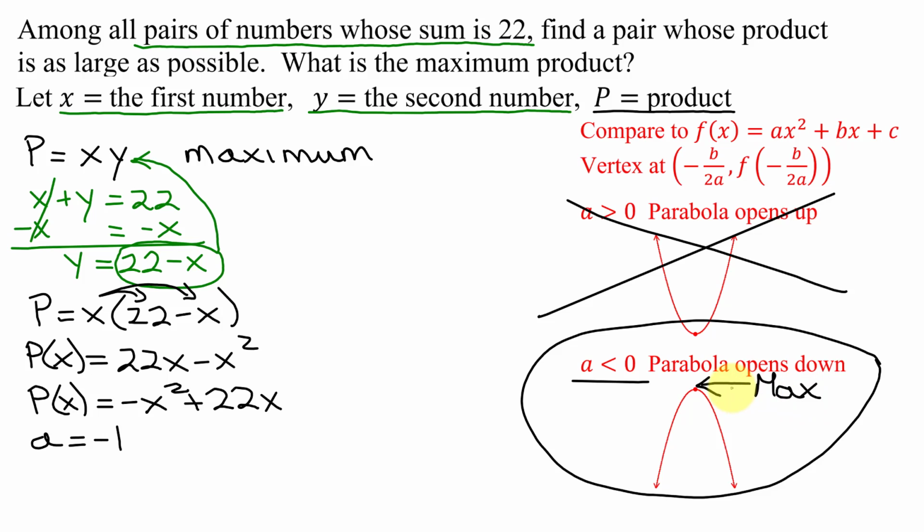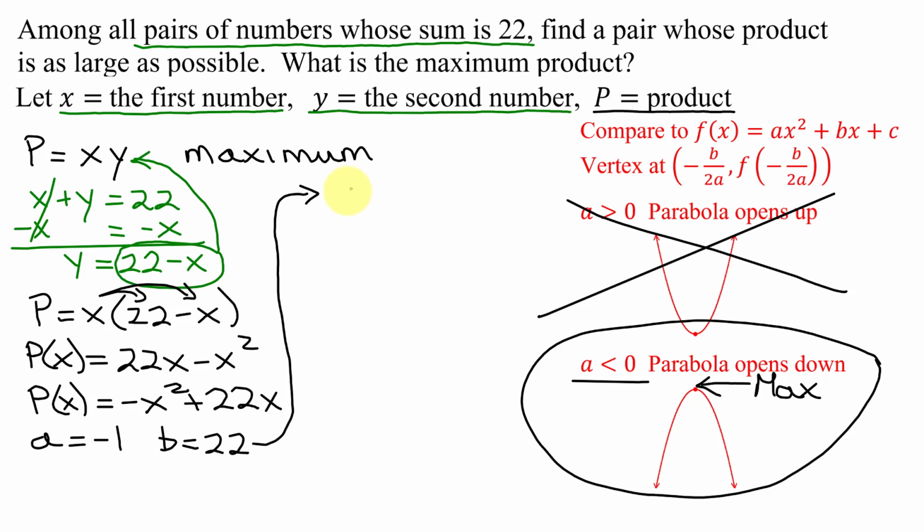So this problem basically boils down to finding the coordinates of the vertex, and I'm going to use this formula here. I already know a equals negative 1. b is the coefficient of the x term, so it is 22. I'm running out of room, so I'm going to go up here.